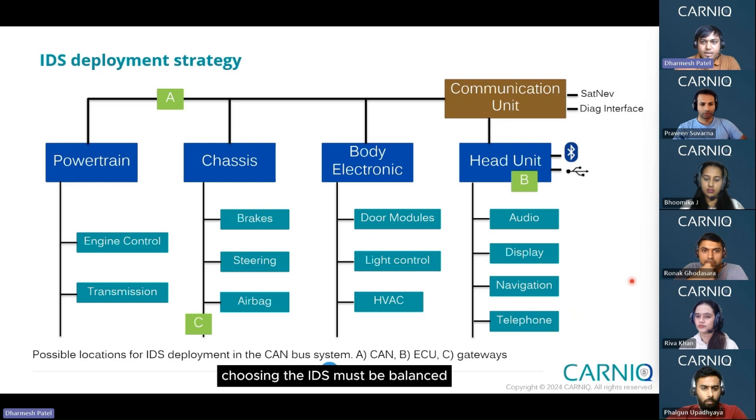Effectively choosing the IDS must balance sensitivity to minimize the false negatives while keeping the false positives at an accepted level. So there will be some false positives, but you have to accept those false positives at a certain level. So while choosing the IDS and while deploying also, these terms, false positive and false negative, need to be kept in mind.